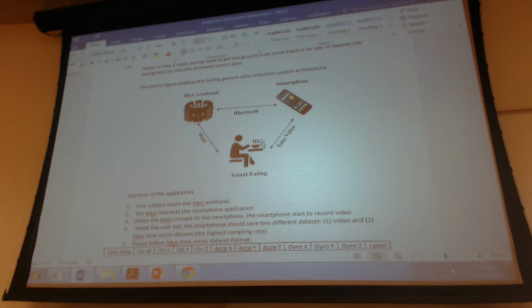That system model has to be built first. Then we need to collect a lot of eating action data for different types of food items. We need to collect data in different environments, so at home, in a restaurant, in some class environment. So for different types of environment, you need to go and collect data.